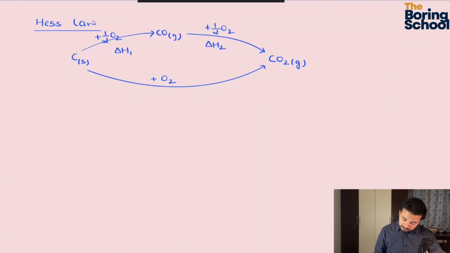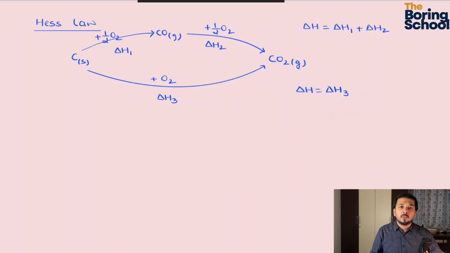So for conversion of carbon solid to carbon dioxide, the total change in enthalpy will be delta H1 plus delta H2. When carbon solid is converted to carbon dioxide via the second path, by addition of 1 mole of O2, let us say the change in enthalpy is delta H3. So for the lower path, delta H is delta H3.